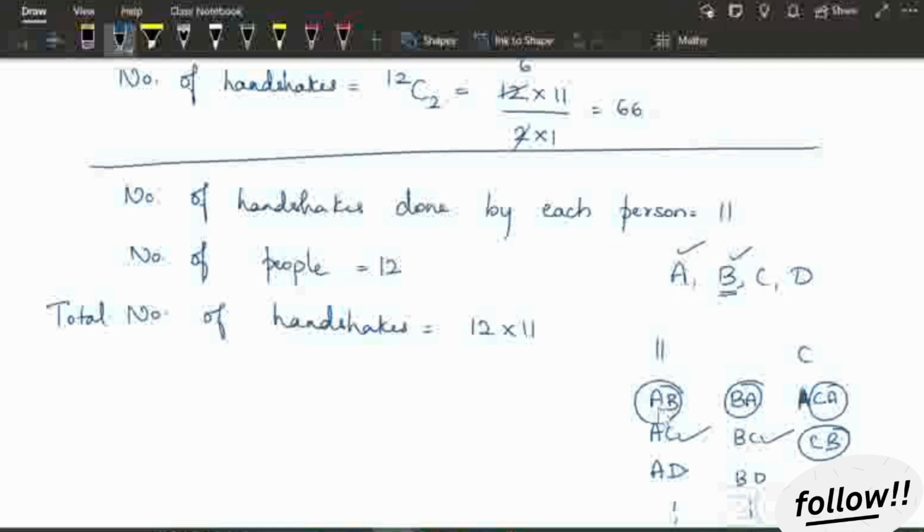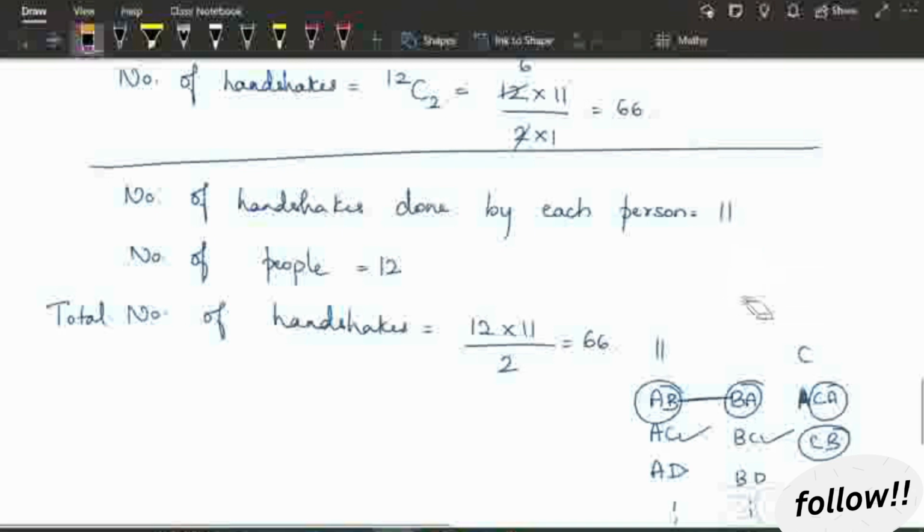So this person says AB has a handshake, BA also says BA has a handshake, but actually this was one handshake only. So since every handshake is counted twice in this 12 into 11, because we are counting handshakes from each one of them, therefore the actual number of handshakes is half of this, which gives you 66.